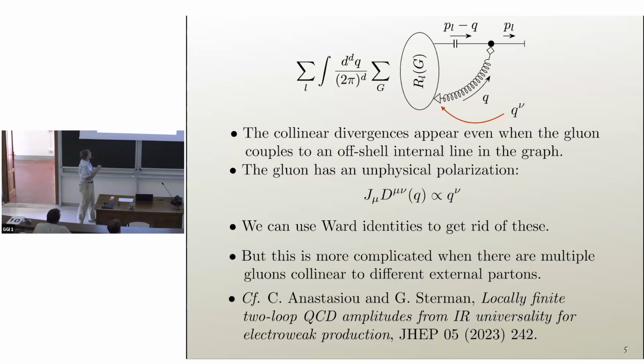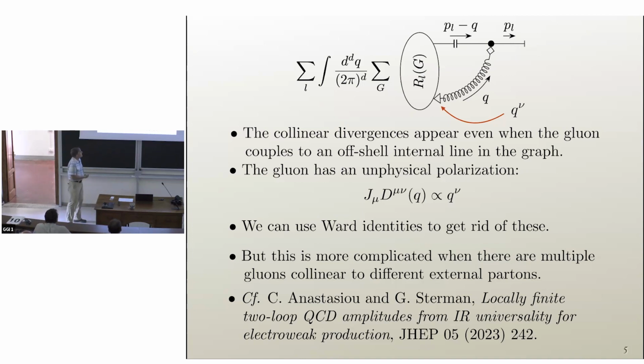That is, if J^mu denotes the current up there, then J^mu times the propagator for the gluon is proportional to Q^nu. A physical gluon has transverse polarization. This has polarization along the direction of its momentum.